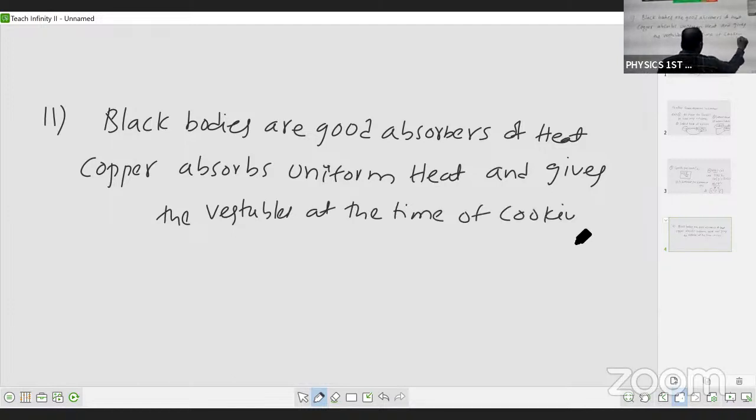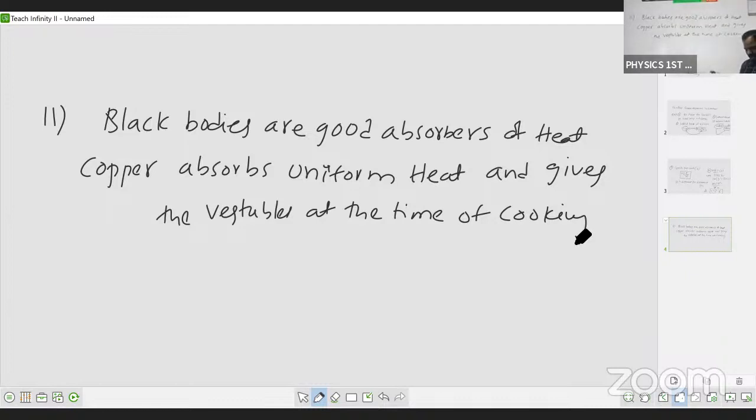When we are cooking, uniform absorption takes place from copper. That's why we are using two different materials, student. What is the similar point between the two? Both materials are good absorbers of heat.